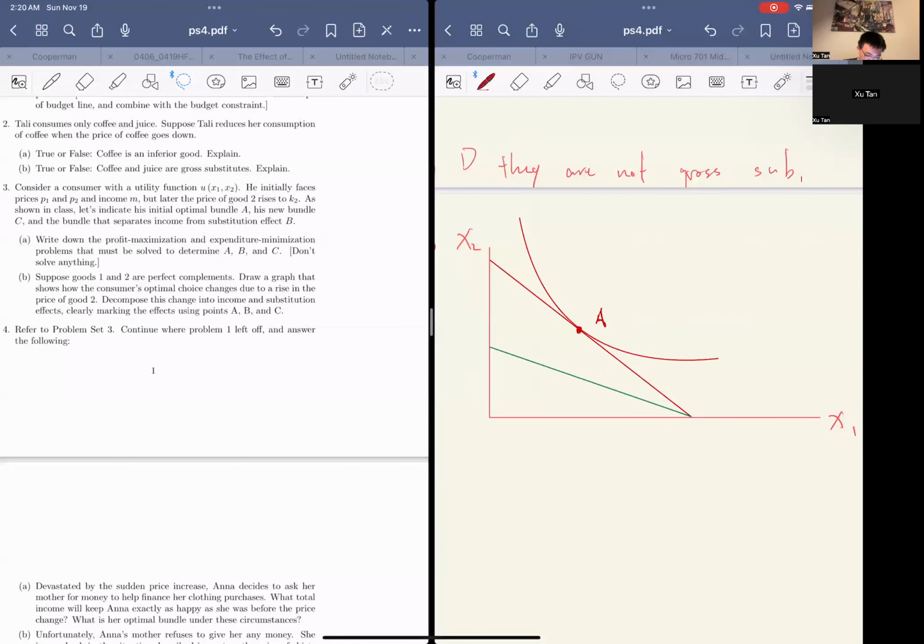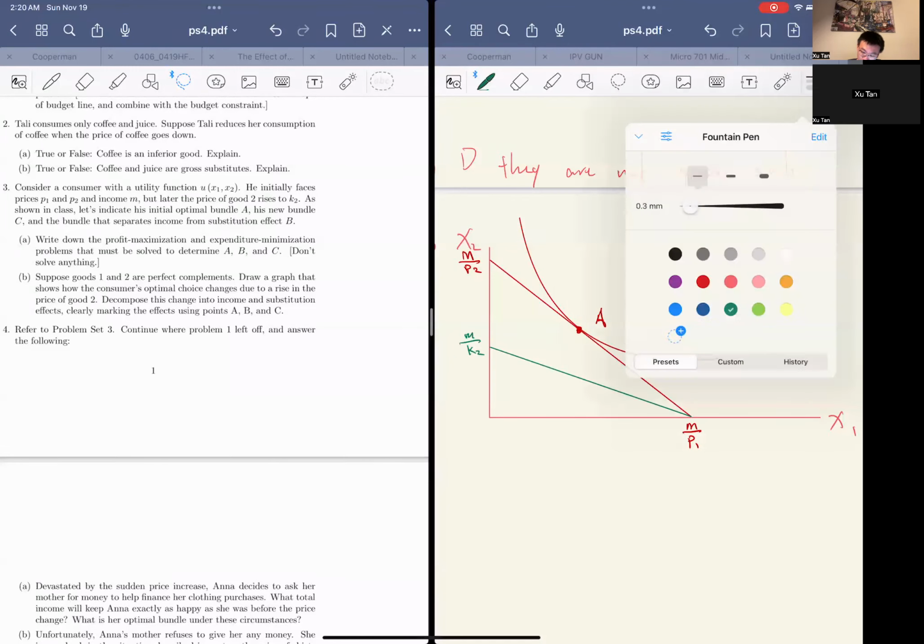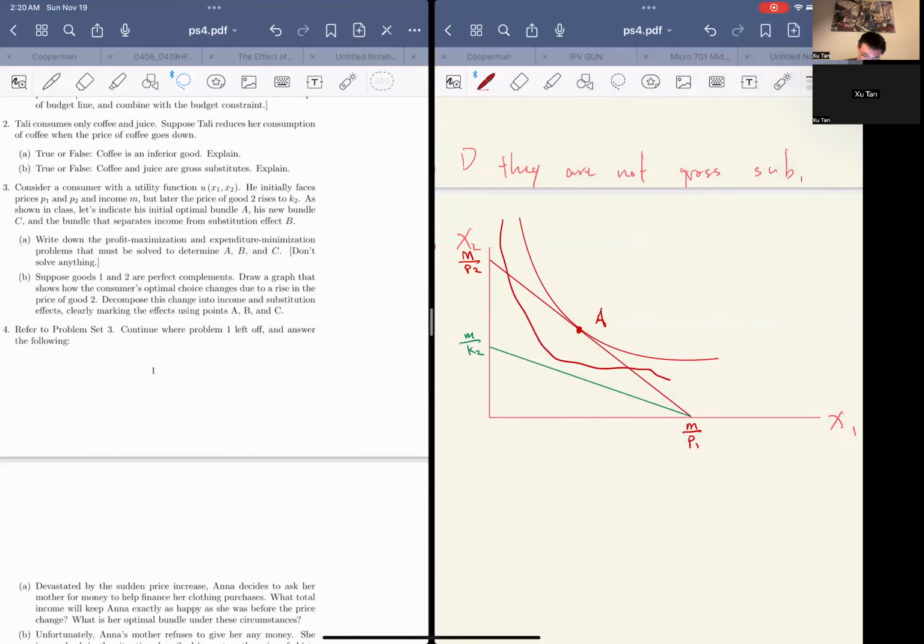So the first intercept is M over P2, oh no, M over P1, and this green one is M over K2, right? Okay. Oh, my drawing, they're so ugly. It's horrible.